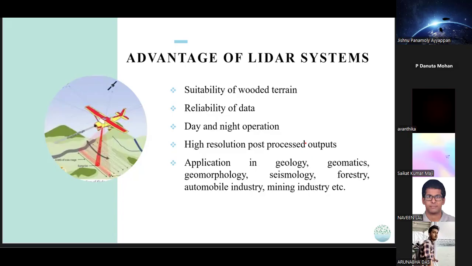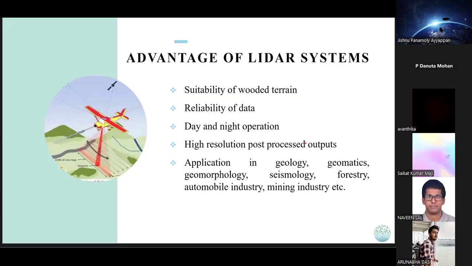And then comes geomatics, that is, when we use it solely for survey purposes. Especially in the mining industries, we always deploy LiDAR sensors for accurate estimation of the amount of resources that we have been excavating. We use it for volumetric estimation as well as to monitor the slopes of the mines.